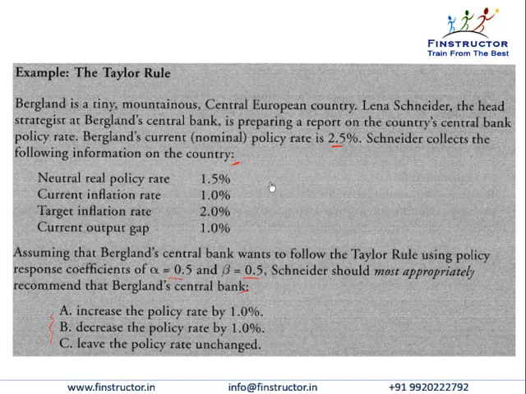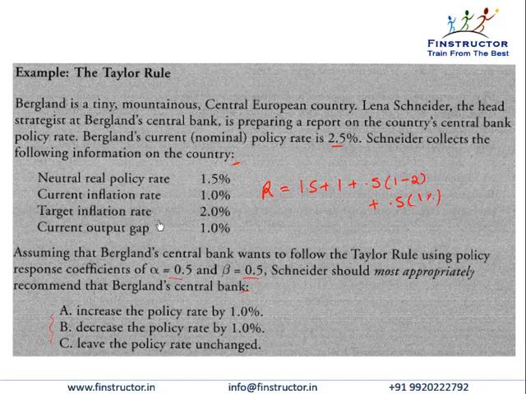So the Taylor rule says that R must be equal to the neutral real policy rate, that is 1.5, plus the current inflation, that is 1, plus alpha, that is 0.5, into the inflation gap, that is 1 minus the target inflation of 2, plus beta into the output gap, that is 1%.